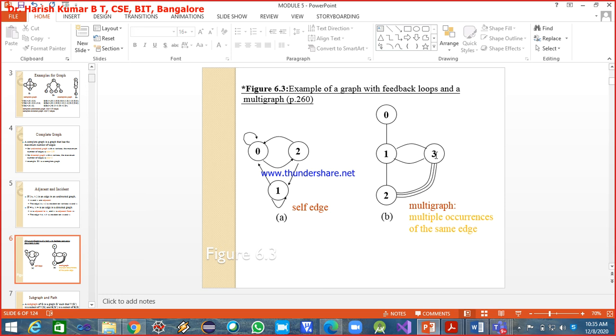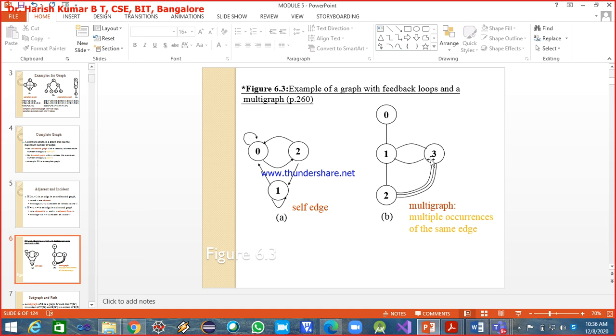The edge between 2 and 3 has occurred how many times? 3 times. And similarly the edge between 1 and 3 has occurred how many times? 2 times. So this is an example of a graph with a feedback loop and a multigraph.